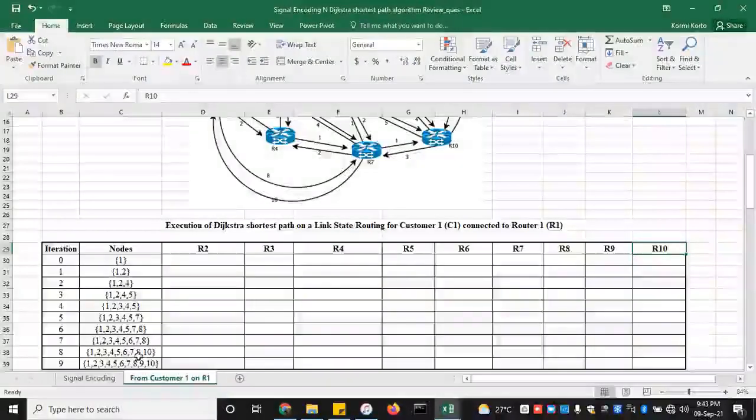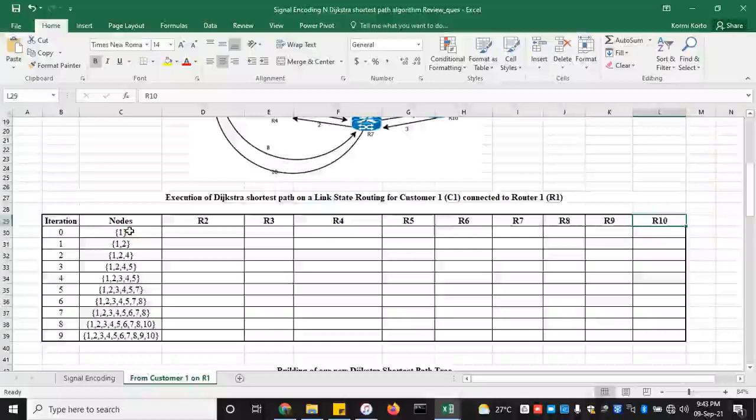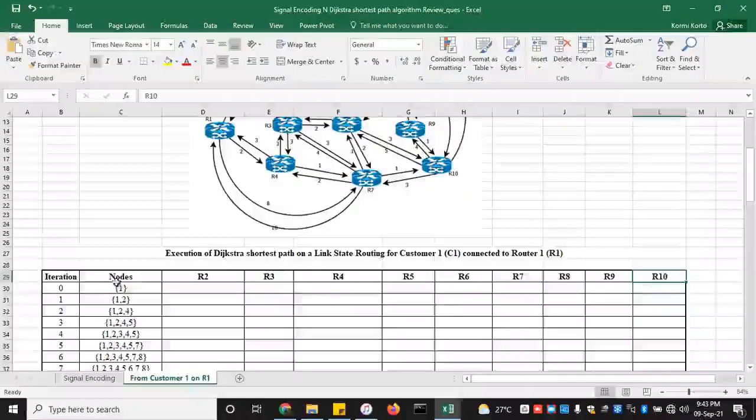Just to save time, I've gone through and listed the possible routes for each iteration. So the first iteration, starting from zero, or zero iteration, means you are on router 1. So you only have router 1, which means you only have one node.